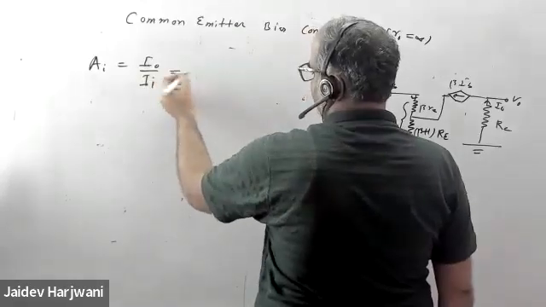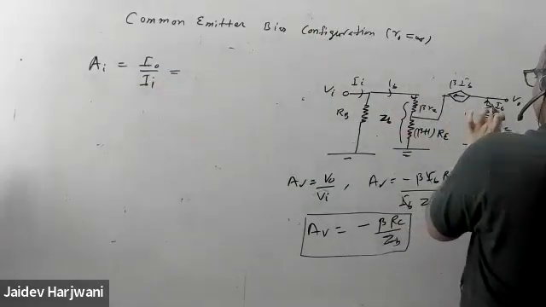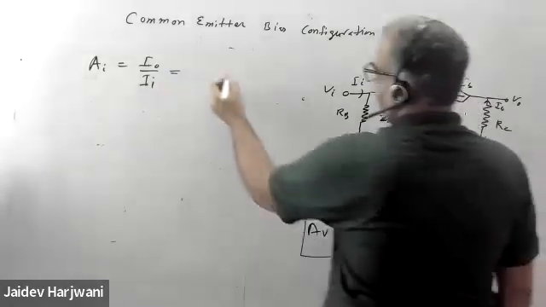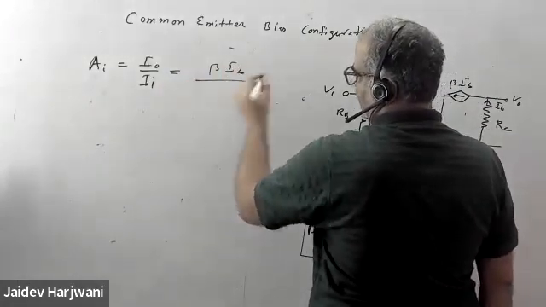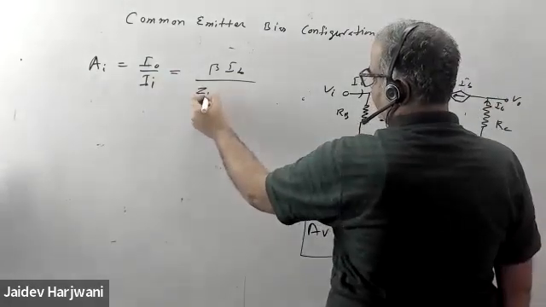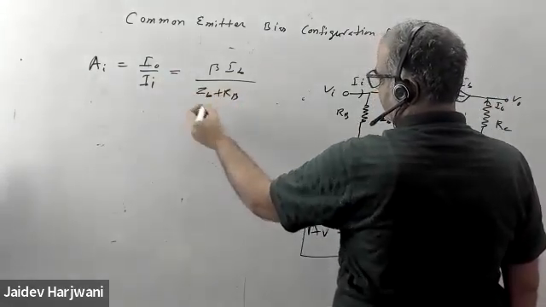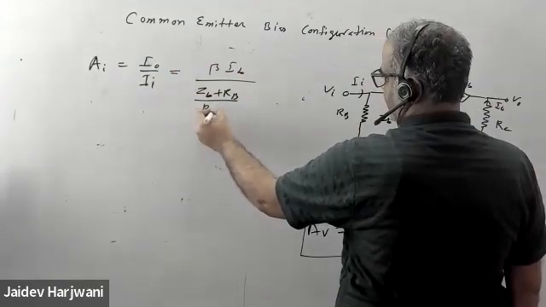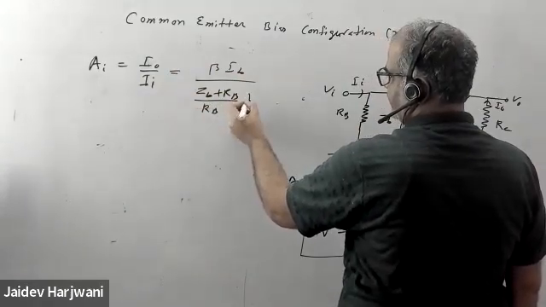And I naught is simply equal to beta IB. And I input we just wrote earlier: ZB plus RB upon RB into IB.